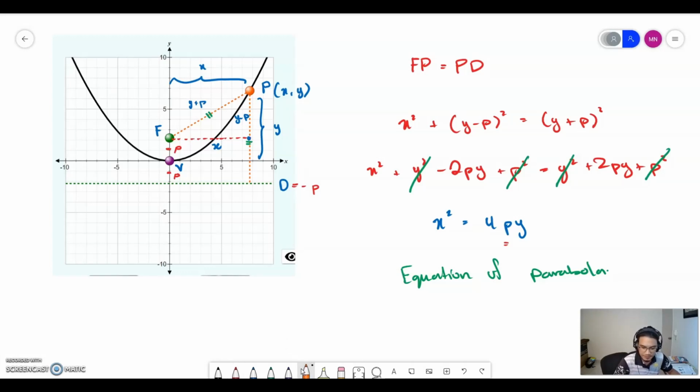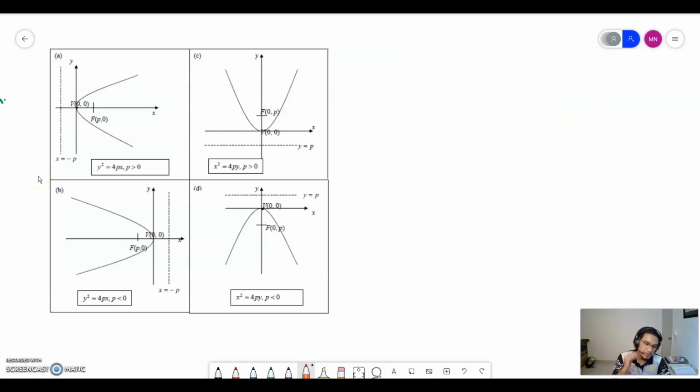Okay, what we want to see here is we have a component of x squared, which is the graph of a quadratic function, because we can also see that the graph of a parabola has the same shape as a quadratic function. Okay, so we have two types of parabola.